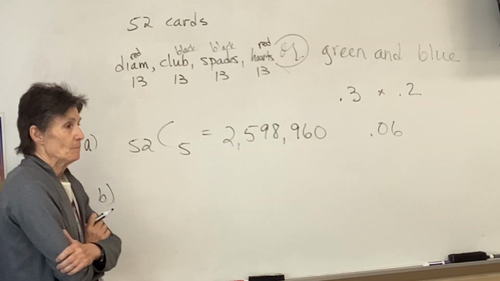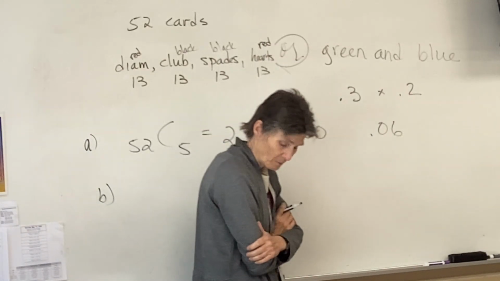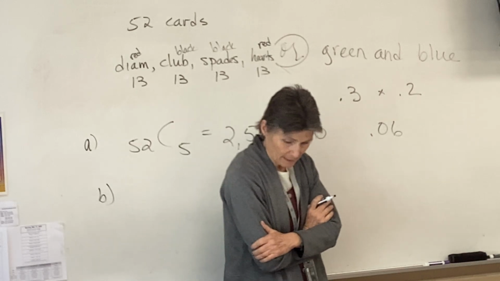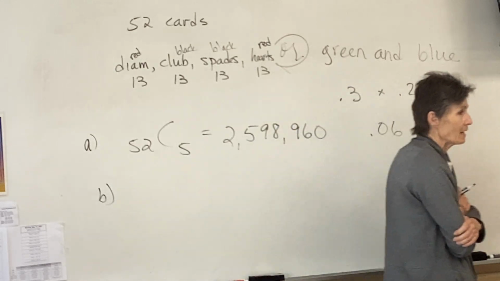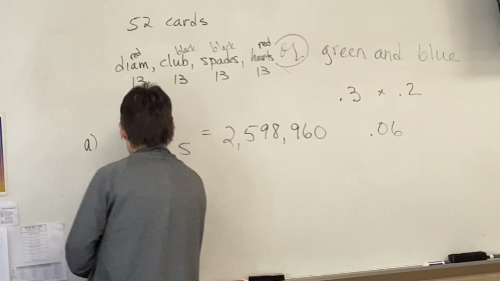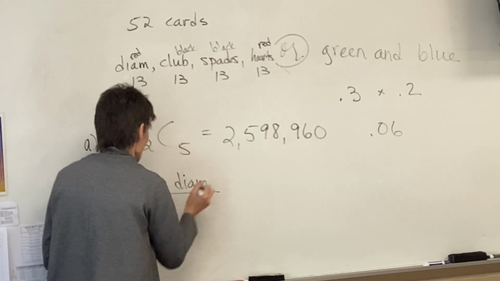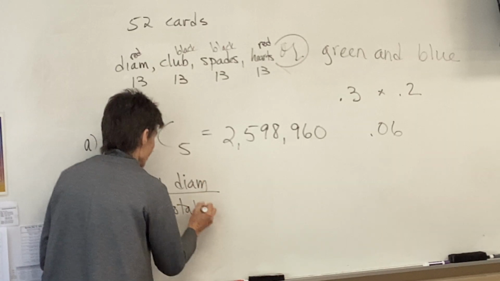All right. Let's hear your thoughts on question B. What is the probability of being dealt a hand with all diamonds? So in other words, we want all diamonds over the total.